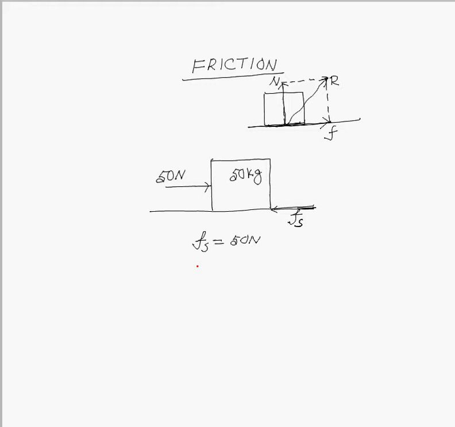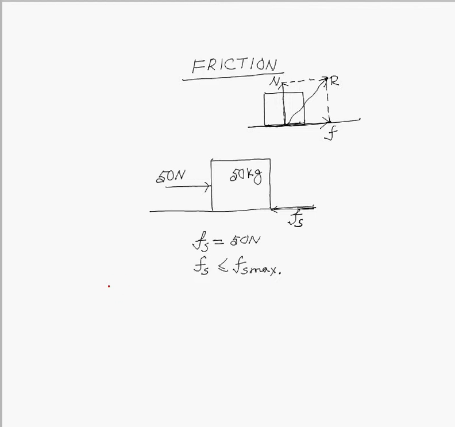Thus, the static force of friction is a self-adjustable force up to a limiting value. We call it Fs max. So Fs, the force of static friction in general, is less than or equal to Fs max, the maximum value of static force of friction.